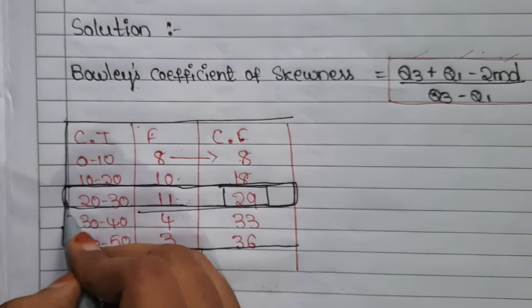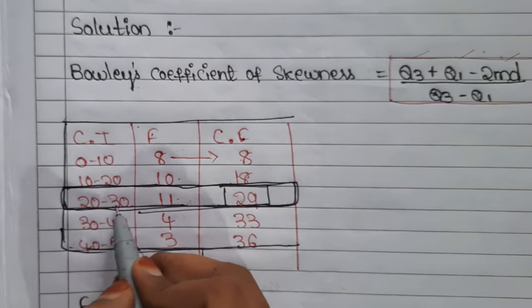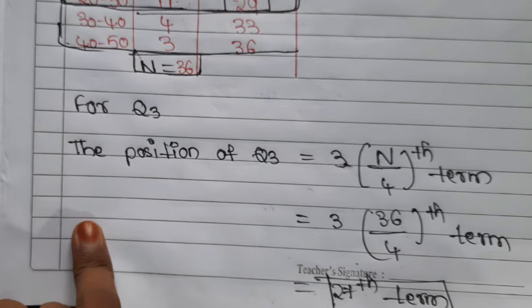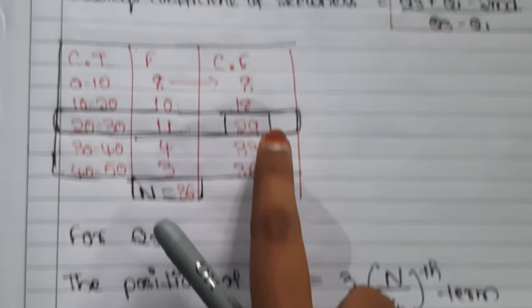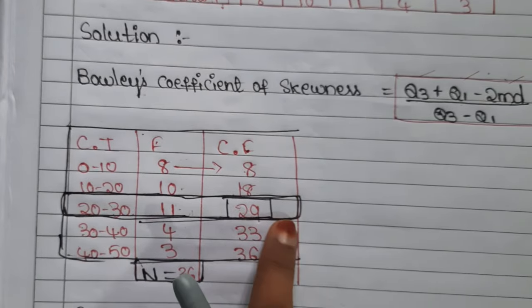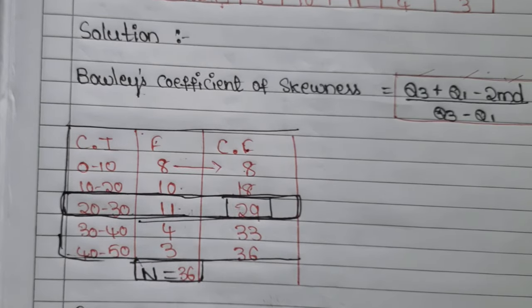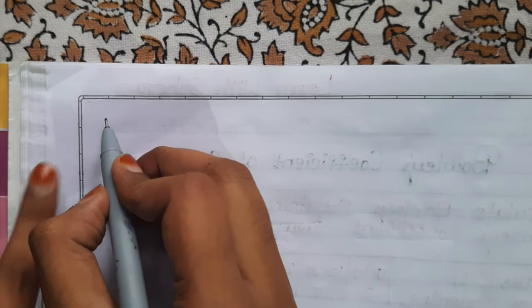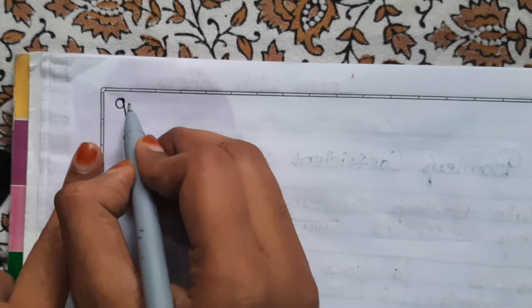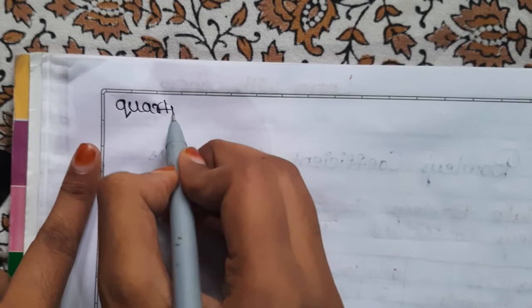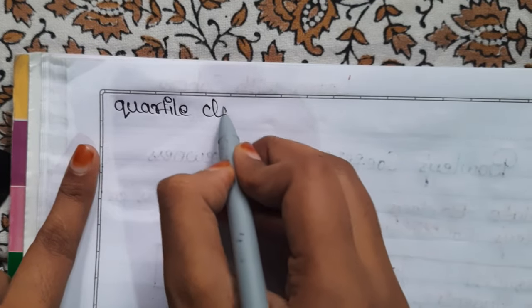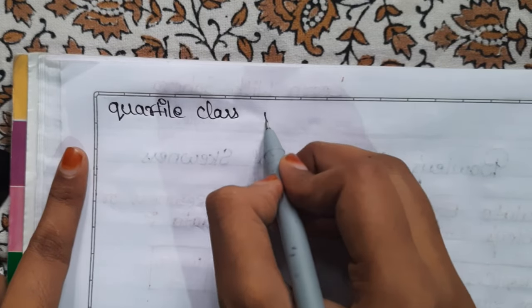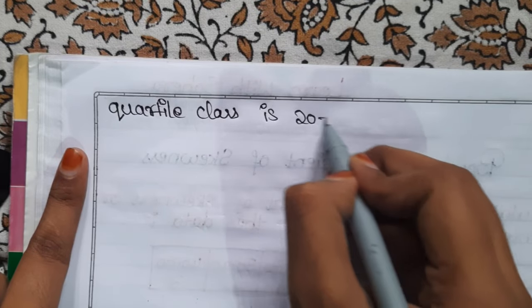After doing this much, we have to find this in the cumulative frequency. We didn't get 27, so we got 29. After 27 it is 29. Then we are going to take this box. Then you should write, quartile class is 20 to 30.